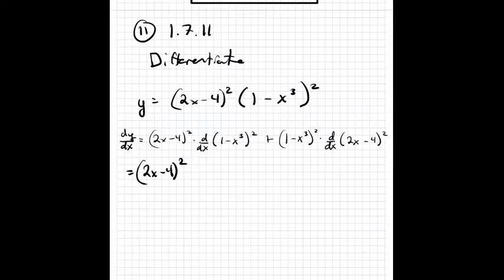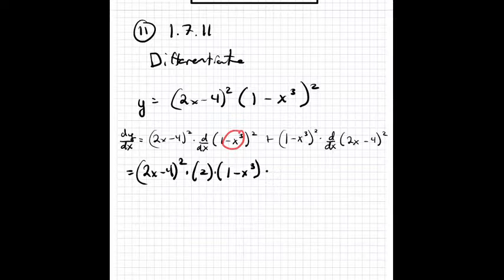Then this (1 minus x cubed) persists because the exponent is going to be 1. Then we say times the derivative of the inside function. The derivative of 1 is 0. The derivative of negative x to the third is going to be negative 3x squared. So we're going to say times negative 3x squared.